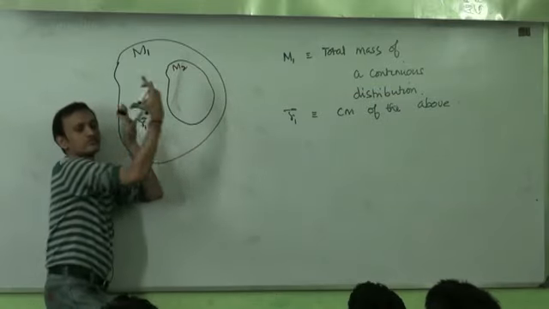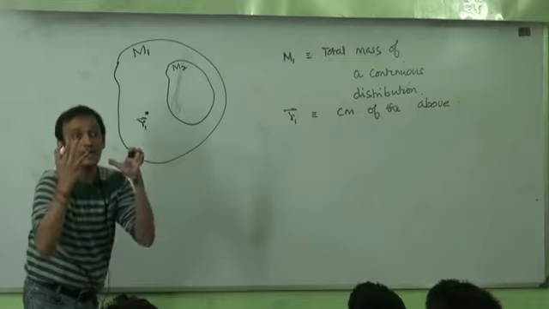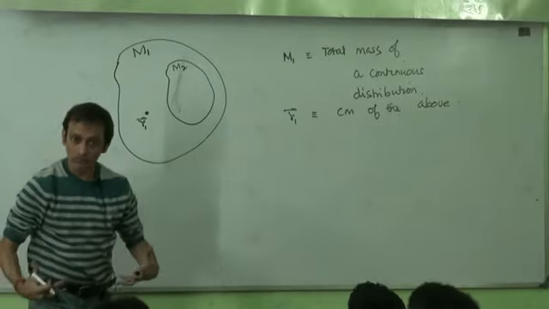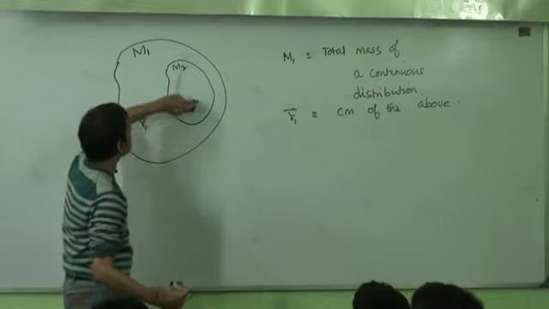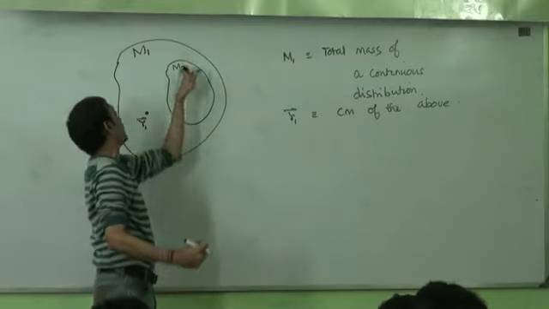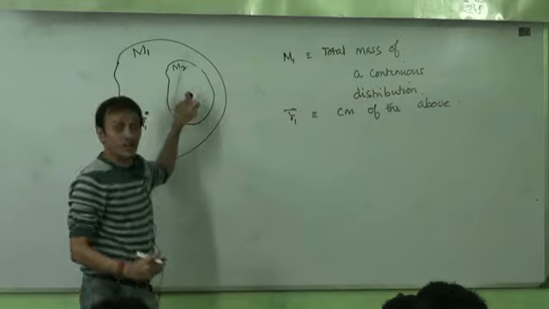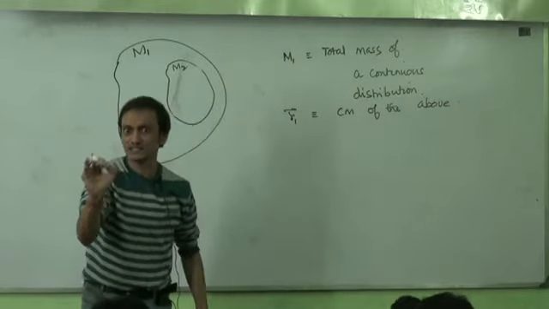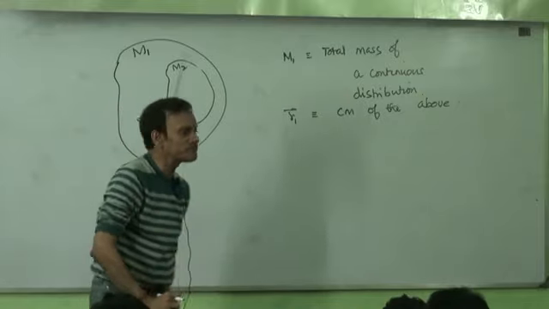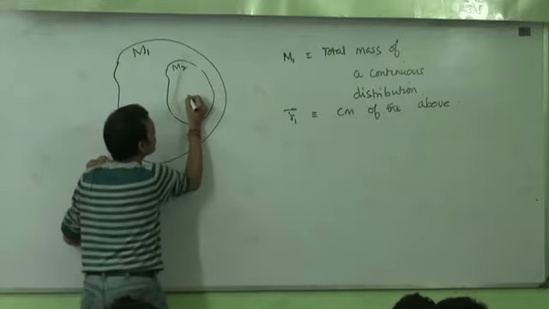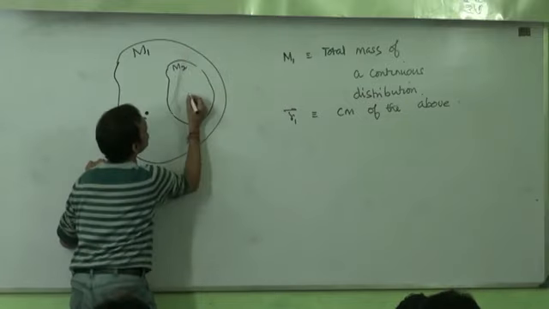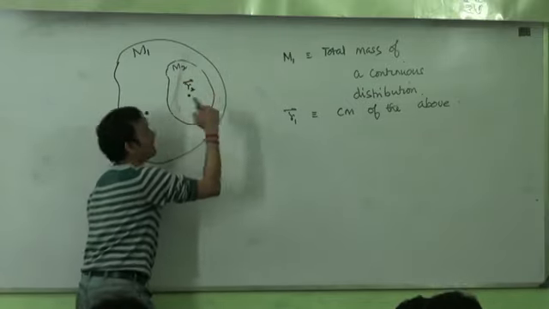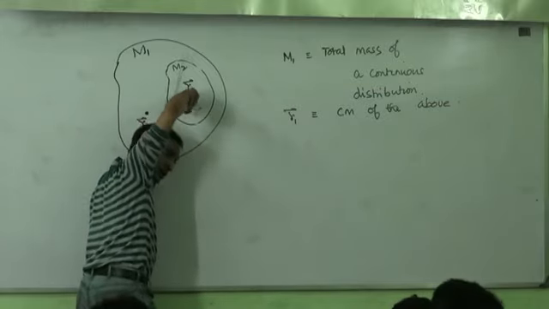This flesh by itself, if isolated, would have its own center of mass. Let's say the center of mass of this removed portion is at R2. Yes or no?